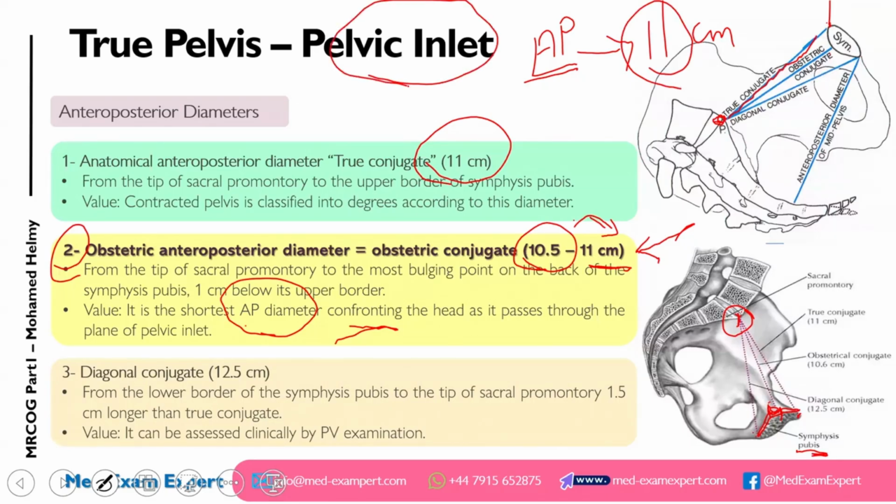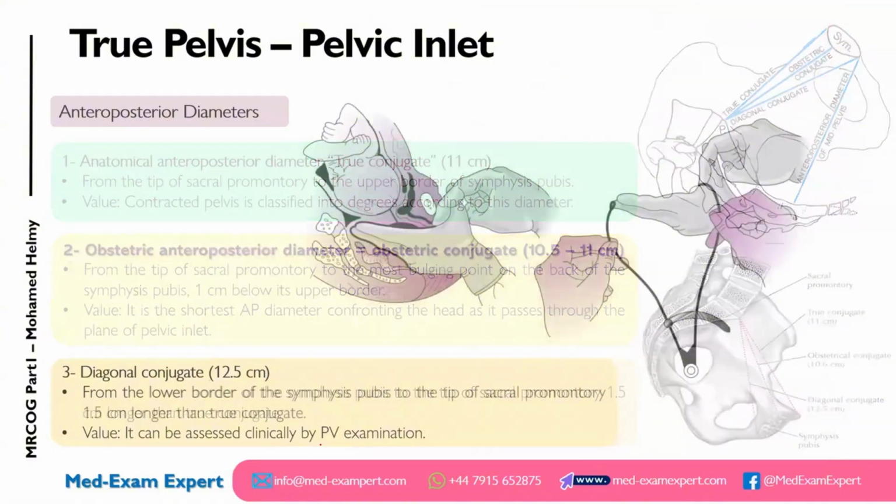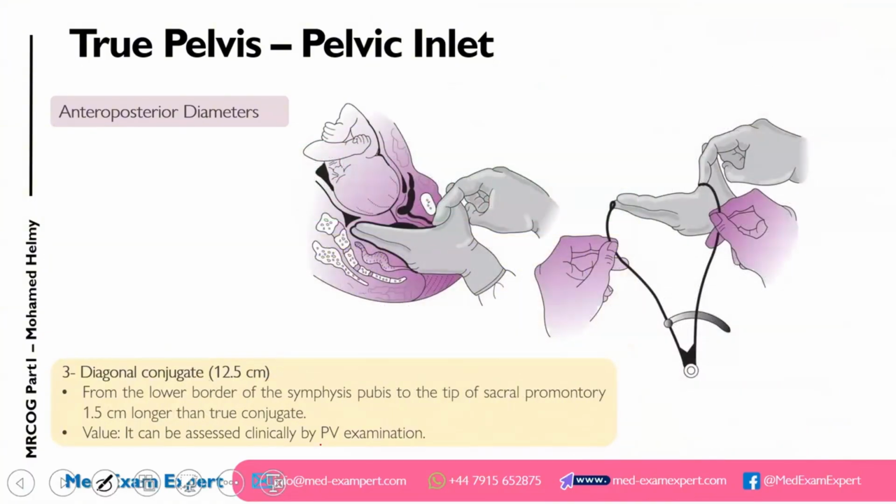The last one is the diagonal conjugate, which is from the same point posteriorly to the lower end of the symphysis pubis anteriorly. This is 12.5 centimeter, and this is the one which we can assess clinically by per vaginal examination. Look at this diagram showing a clinician examining the pelvis.